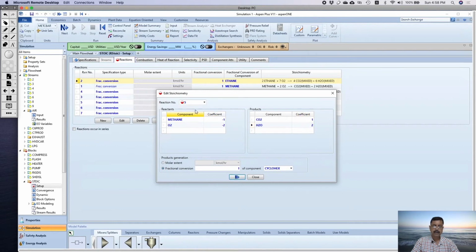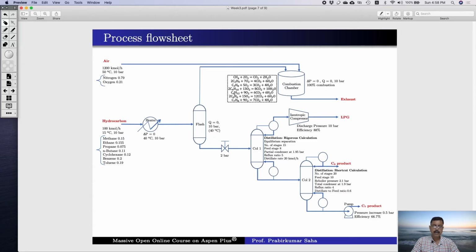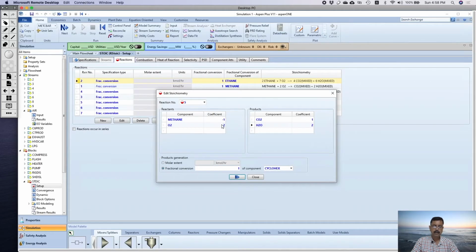Reaction 5 cyclohexane 1966, 1 9 6 and 6, component of cyclohexane.